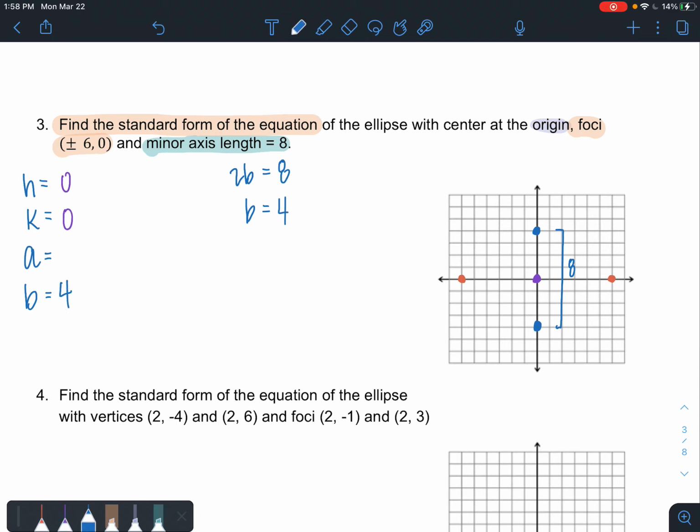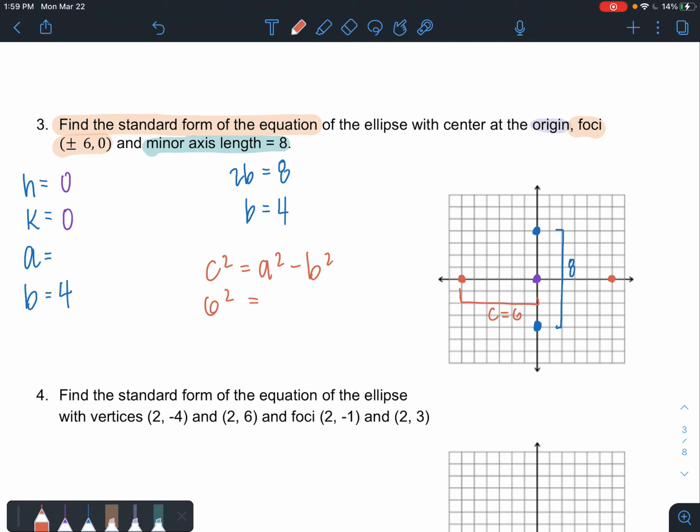Now, in order to find a, I'm going to have to use c squared equals a squared minus b squared. So c is equal to 6.